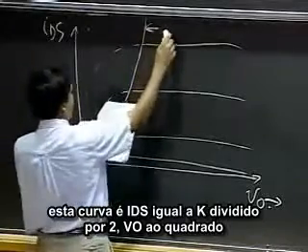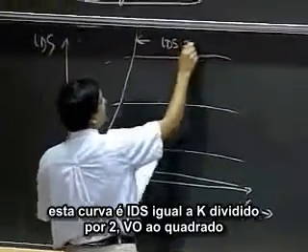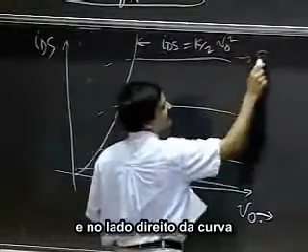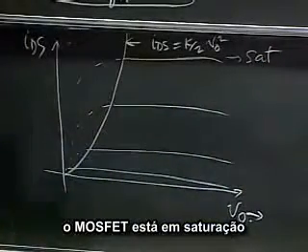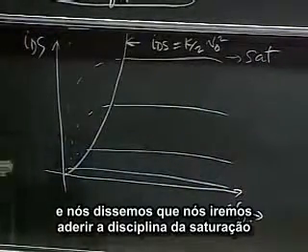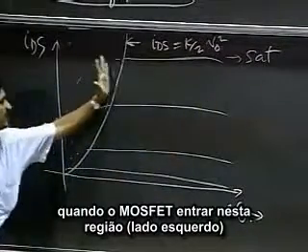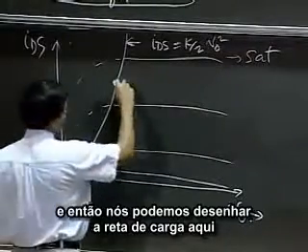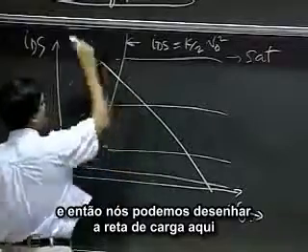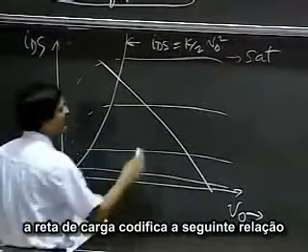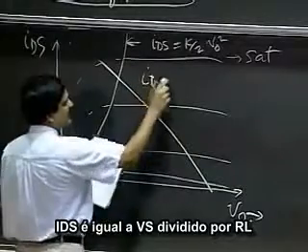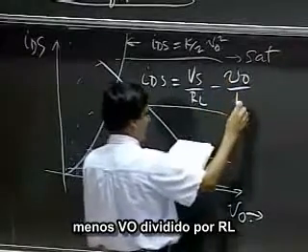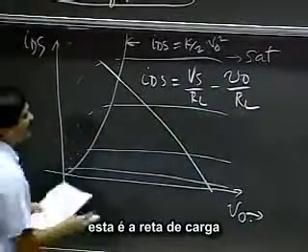So this curve was IDS equals K by 2 V naught squared. And to the right side of the curve, the MOSFET is in saturation. And we said we're going to adhere to the saturation discipline and operate in this regime. When the MOSFET gets into this region, it is in its triode region. And then we could draw the load line here. The load line codified the following relationship: IDS equals Vs divided by RL minus V naught divided by RL. This was a load line.